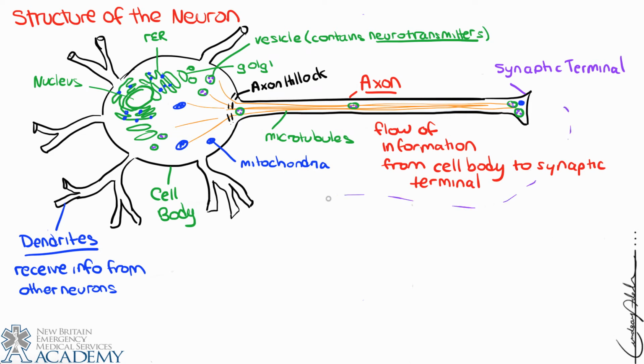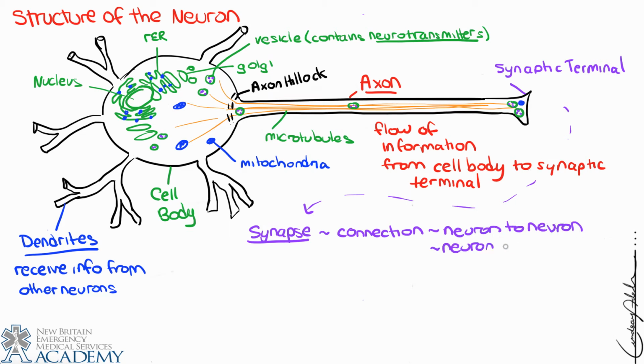So let's focus a little bit more on the synaptic terminal for a moment. A synapse is a specialized site where a neuron will communicate with another cell. That other cell could easily be another neuron, or it could be an effector. When we say effector, we're talking about a muscle cell or a gland, and we refer to that as the neuroeffector junction.